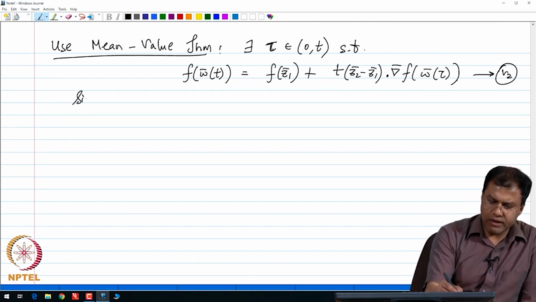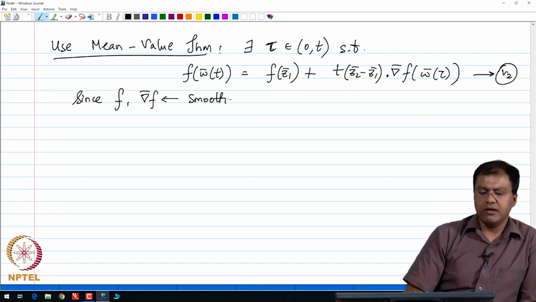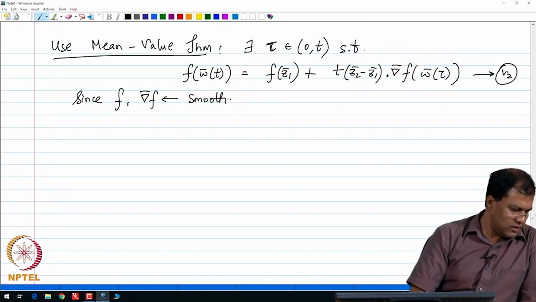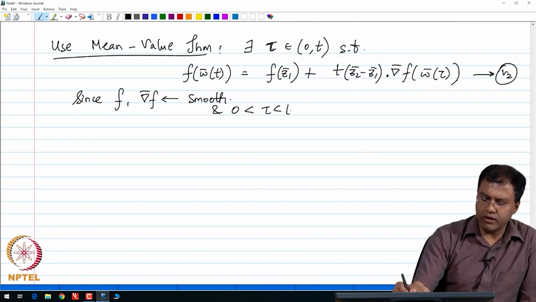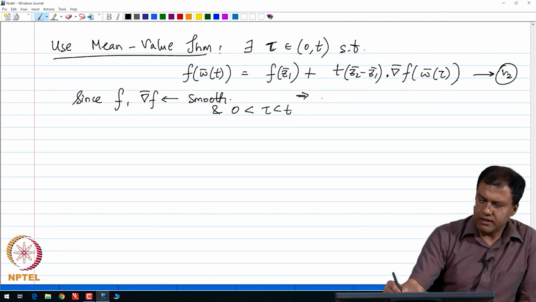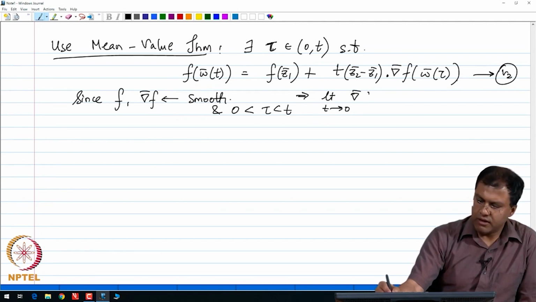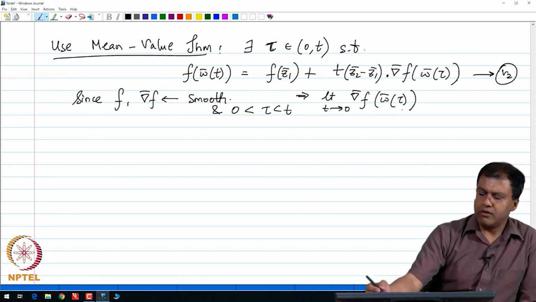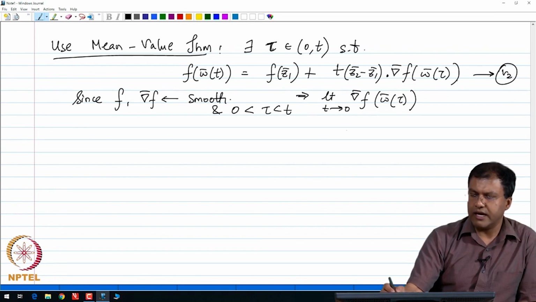Notice that since my functions f and grad f are smooth, that is, the derivatives are continuous and the function itself is continuous, and my variable tau is between 0 and t, it implies that this particular limit, t going to 0, of grad of f of omega bar of tau, we can nicely take the limit inside the gradient operator.